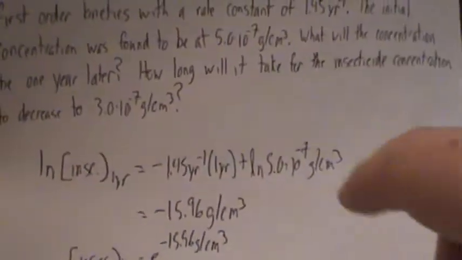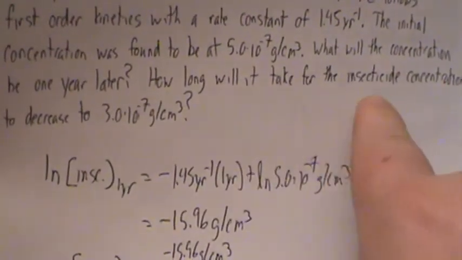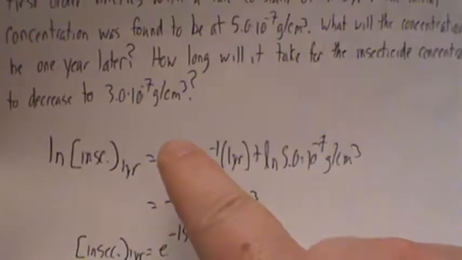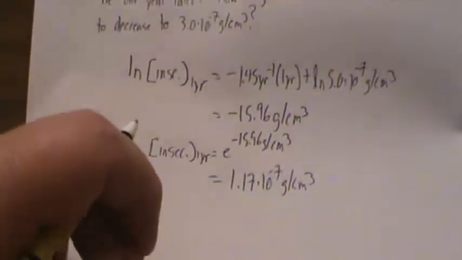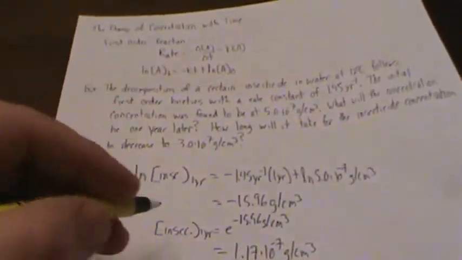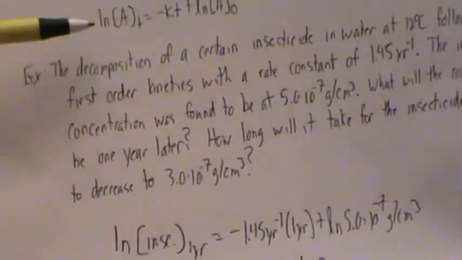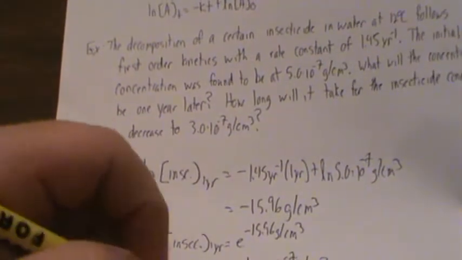All right, now, second one. How long will it take for the insecticide concentration to decrease to 3.0 times 10 to the negative 7 grams per cubic centimeter? All right, so that is our concentration that we put over here because it's at a certain time.